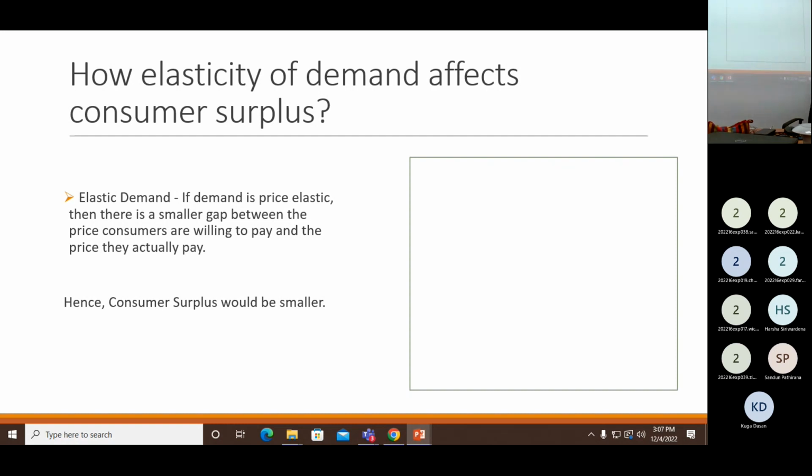Curve has to be much more flatter. Let's see if you have the question. Yeah, there's a difference. One difference of what? Curve more.